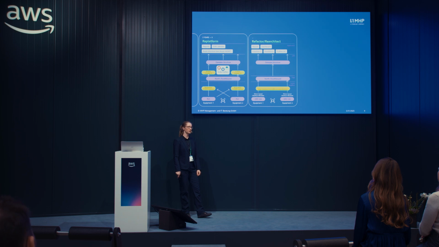Though we have our machine data already in a cloud-based SCADA installation. And if we have the data already there, it's easy to transfer this data in a data lake structure. So making it accessible for other use cases and other functionalities.